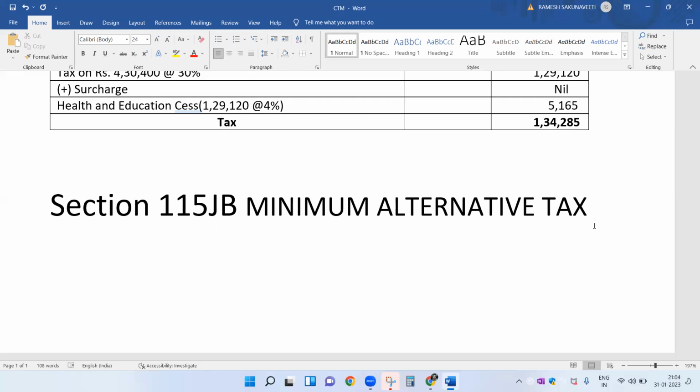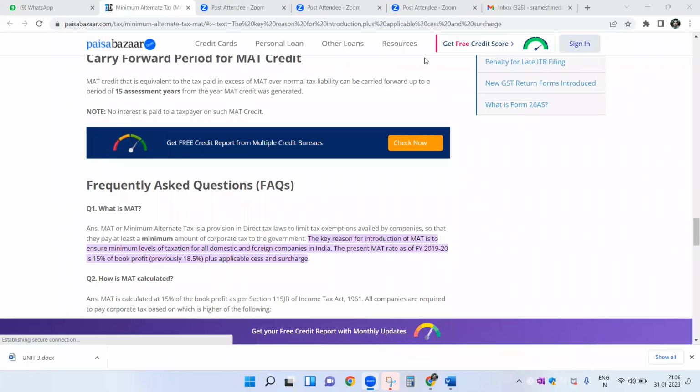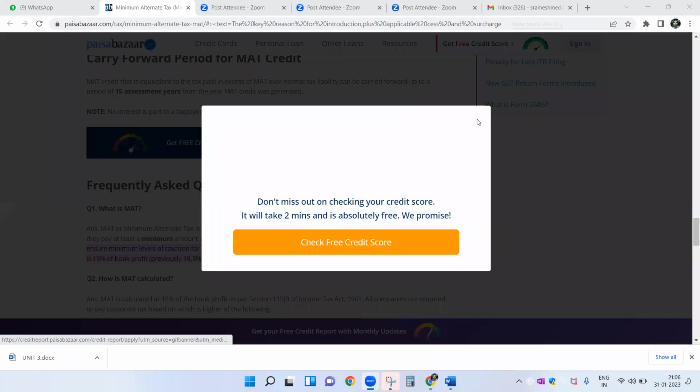But before that, let me open another website. Another web source I will open and I will try to explain. It will be easy for me to explain and easy for you to understand also. Okay, dear students, we can see I opened a web source.